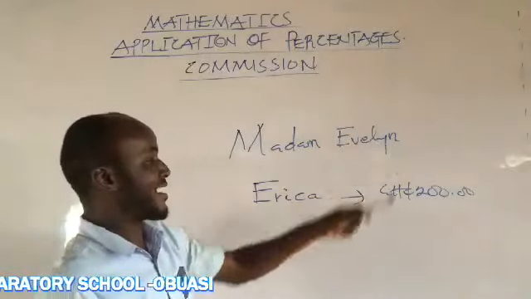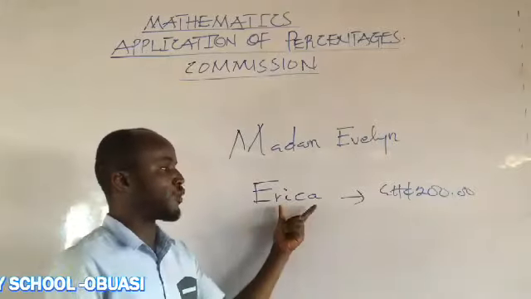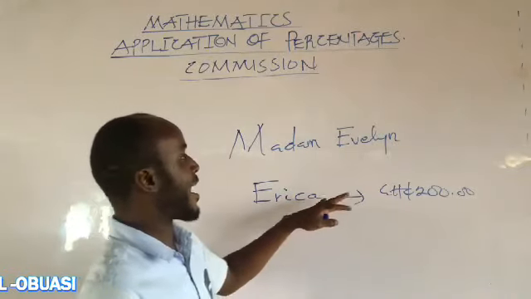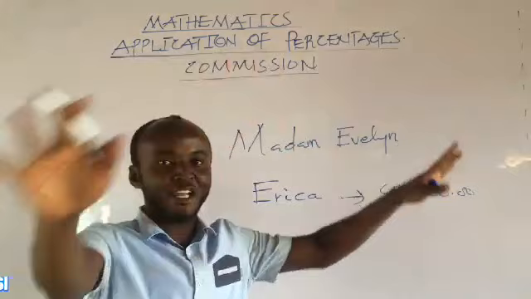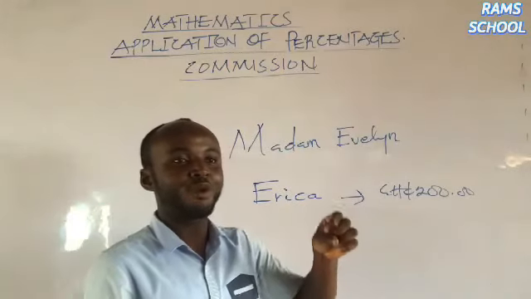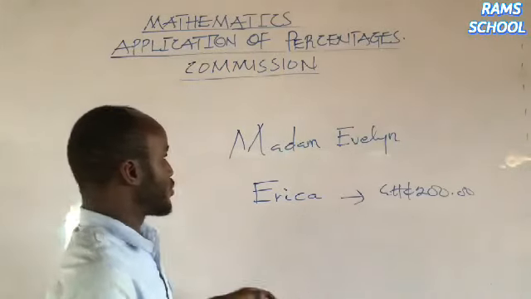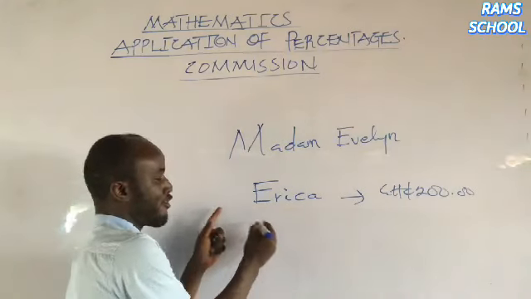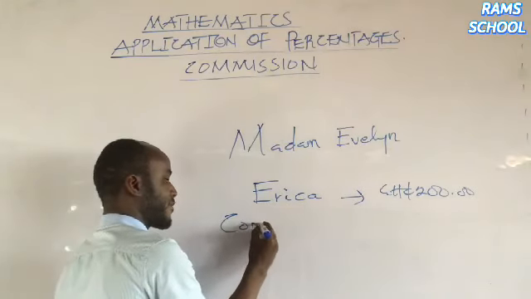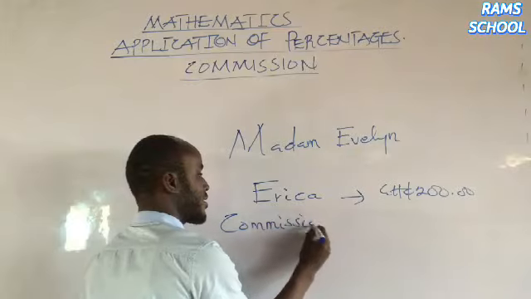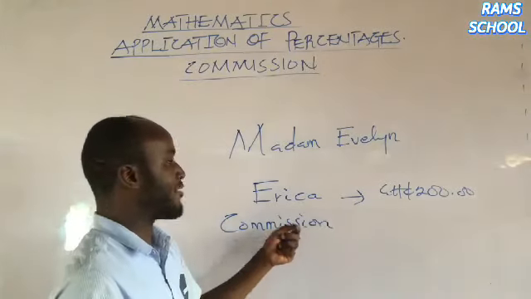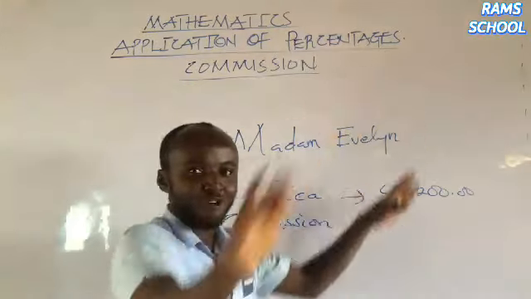So Madam Evelyn decides that Erica, from now onwards, any amount of money that you bring to me at the end of the month, I'm going to give you a commission. So when we say commission, commission is an amount of money that will be given to Erica based on what she will sell for the whole month.